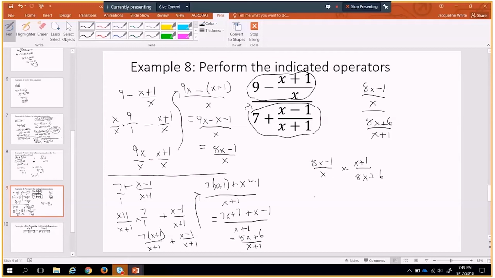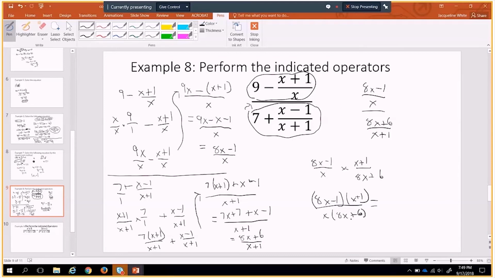So now we have 8x minus 1 times x plus 1 all over x times 8x plus 6. All right, nothing really to factor out except for in the denominator where we have an 8x plus 6, right? What's the same between the 8 and the 6?